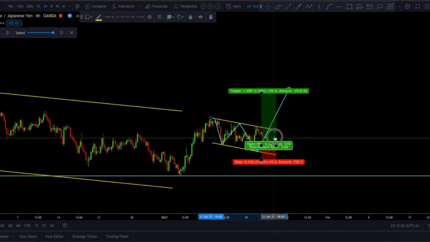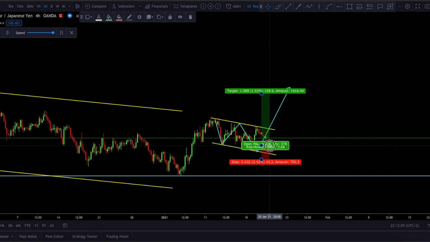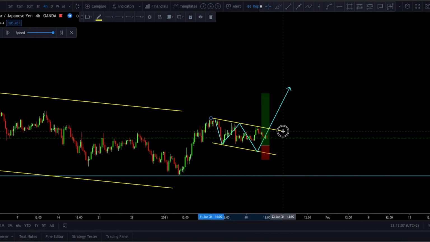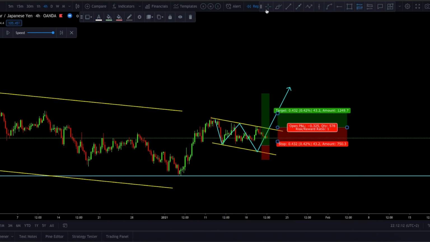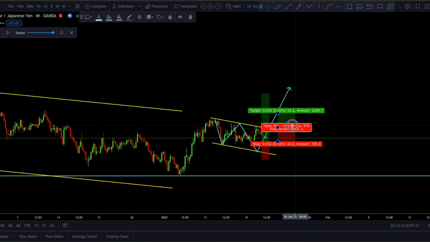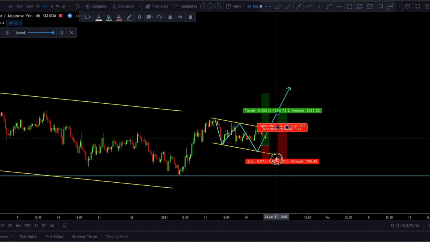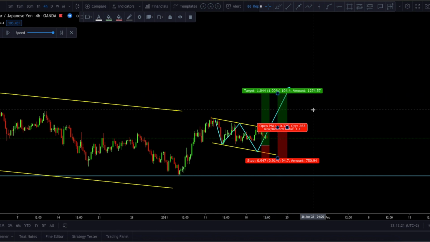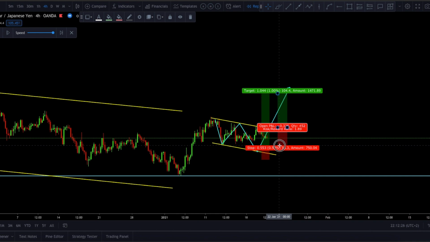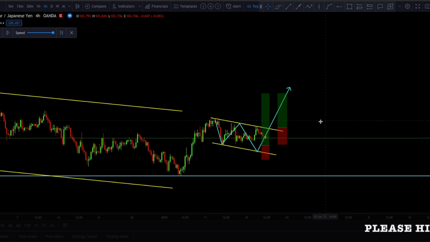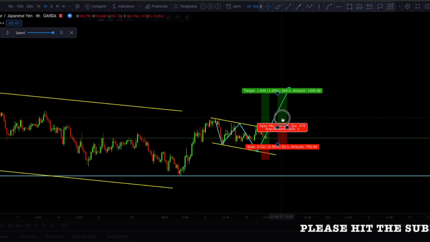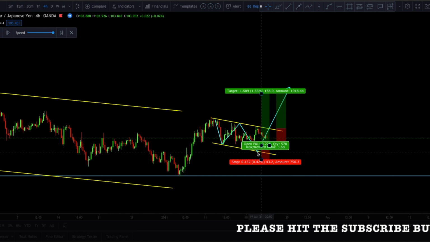If I don't get it on this level, then I will have to buy it after the breakouts. So after the breakouts like this, put my stop loss. The problem with buying after the breakouts is that you're getting in late. So when you're getting in late, your stop loss and your reward might not be as suitable as when you get it from the bottom, from here.